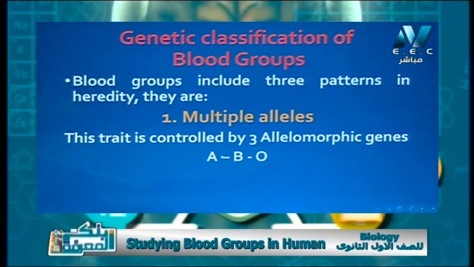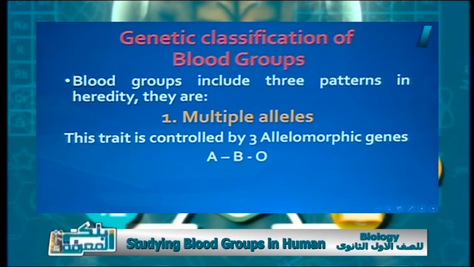So there are two genes. The gene A produces antigen of one type, so we called it antigen A, and B produces the antigen of another type, and we call it antigen B. But the person who has blood group O has no antigens on the red blood cell.